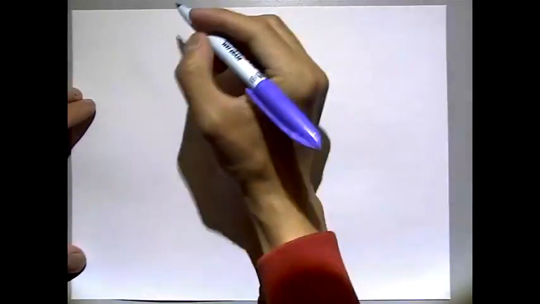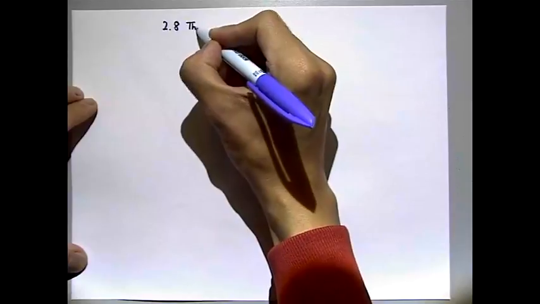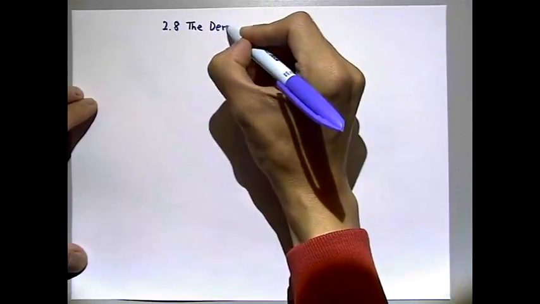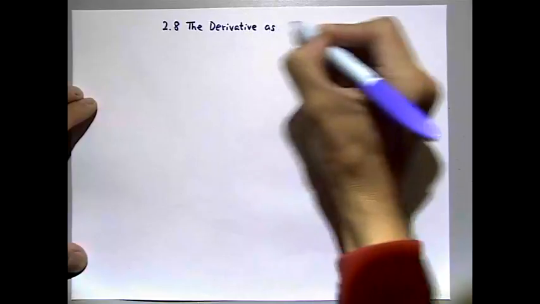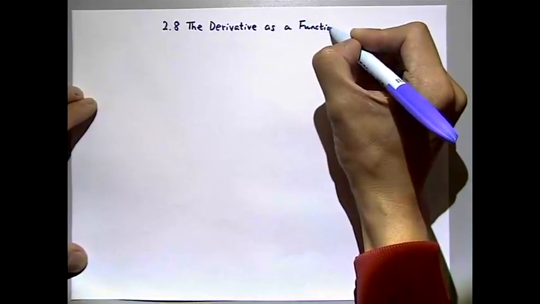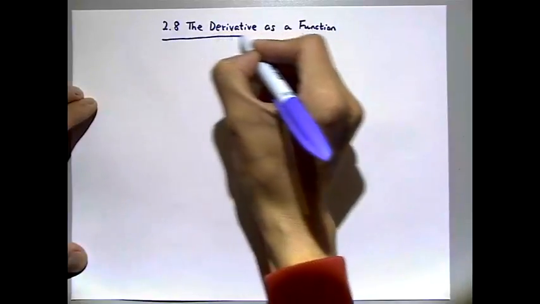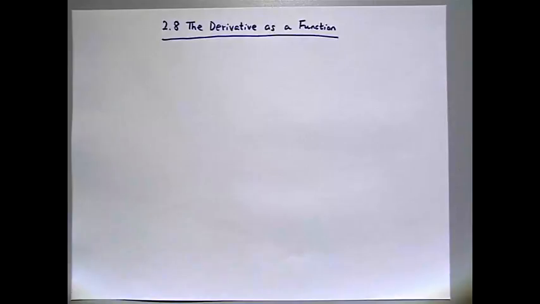All right, so today we're going to look at section 2.8. This derivative thing we saw last time is very, very important in calculus. We'll be looking at it for quite a while.